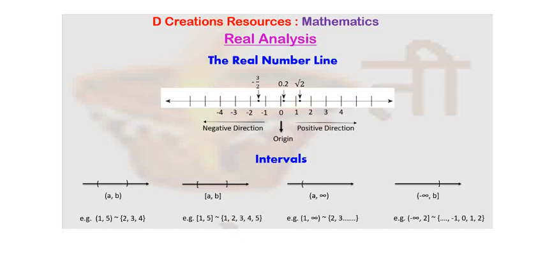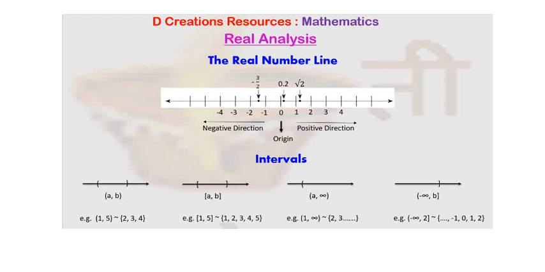Again, here for simplicity I have not listed all the real numbers, I have just listed the integers lying in the closed set [1, 5]. So 1, 2, 3, 4, 5.